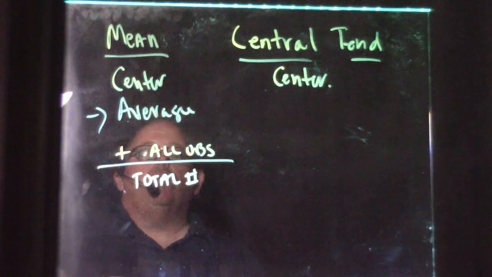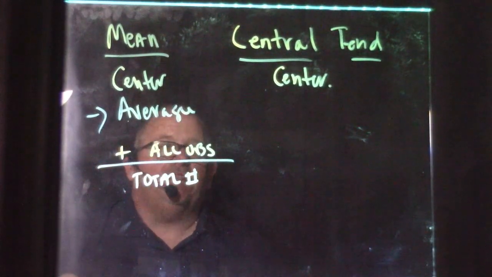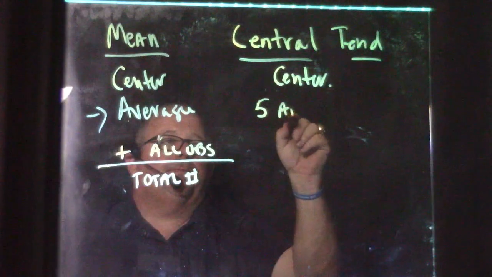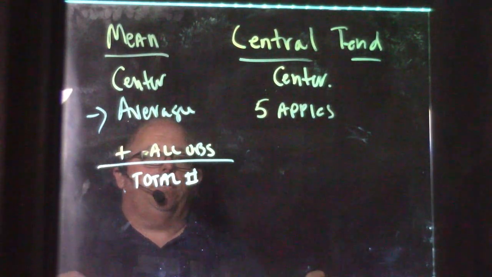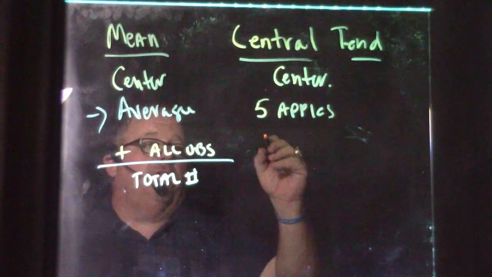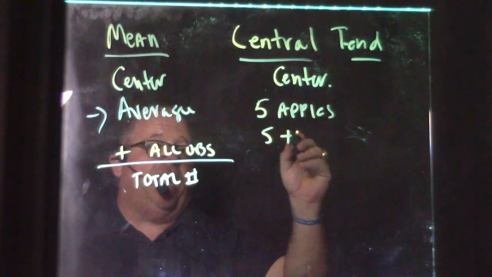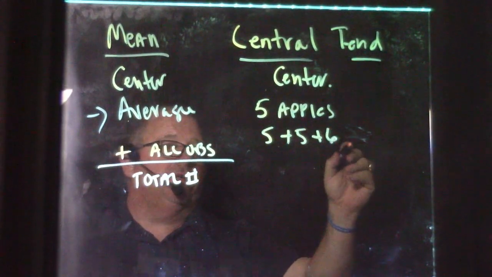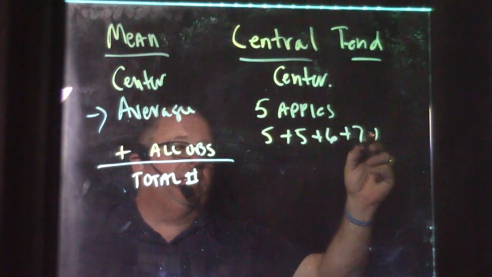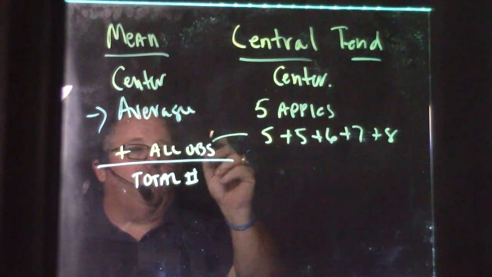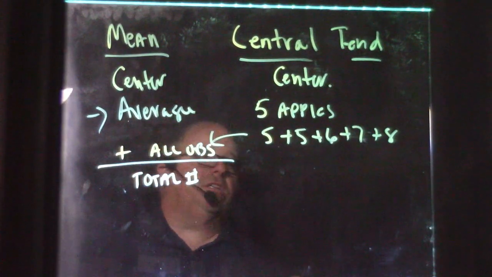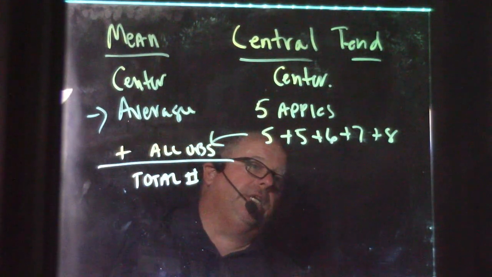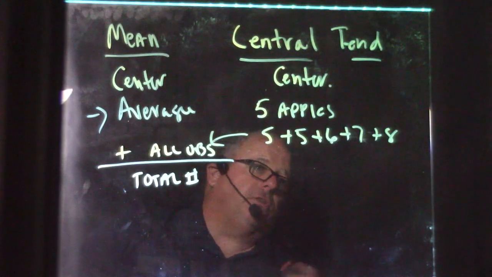So let me give you an example of this. Let's say I have 5 apples. And we're going to stay with apples for a little while. In this case, we have 5 plus 5 plus 6 plus 7 plus 8. And that would be the total of all the observations. So let's add that up. That's 10, 16, 23, and that would be 31.